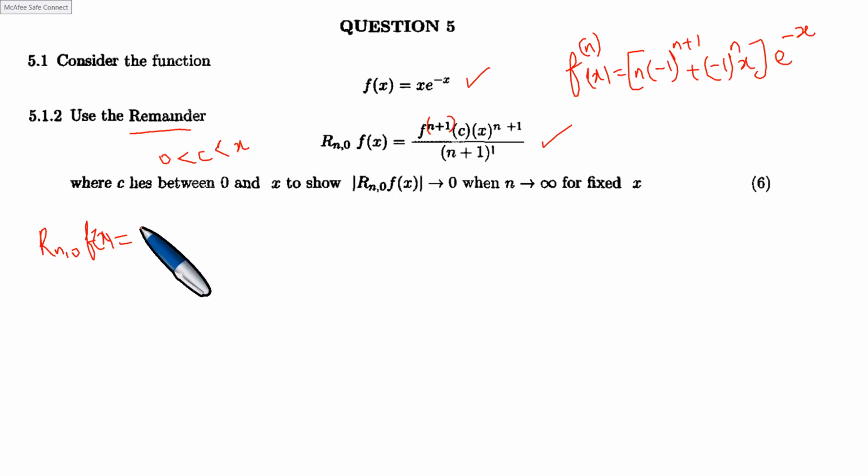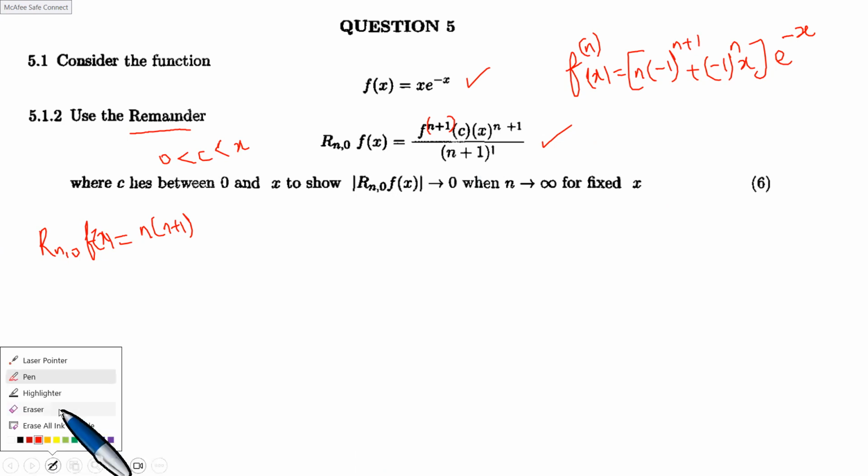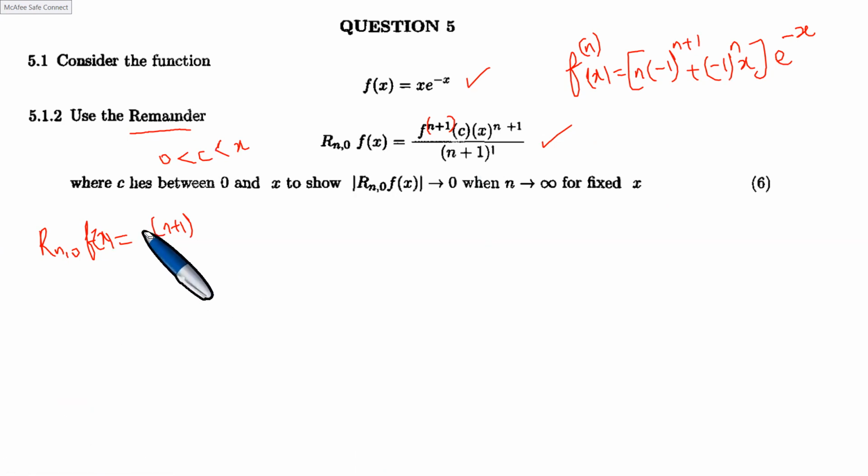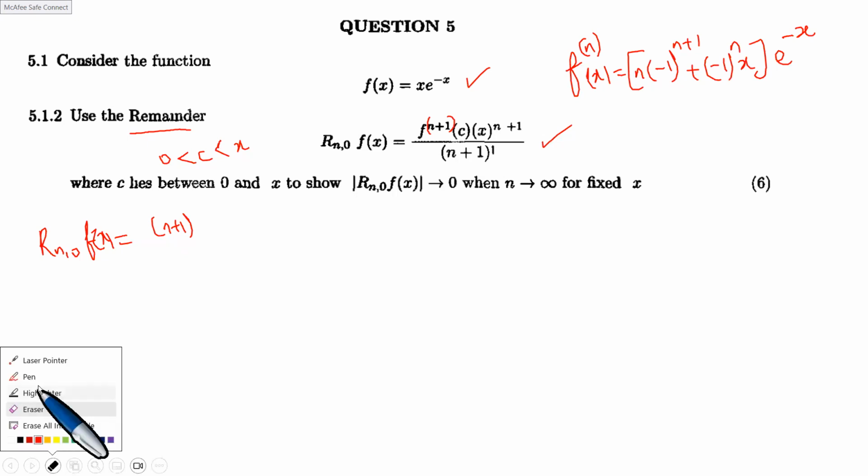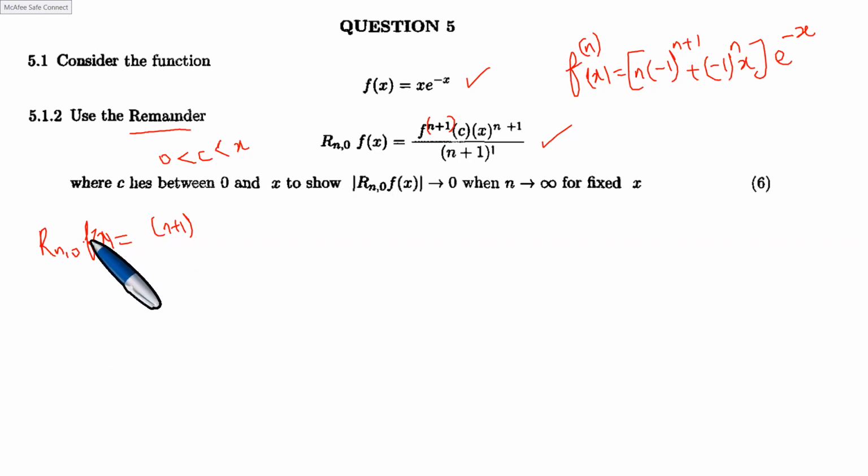That one is easy. I've written an extra n, so it must be n plus 1 minus 1.